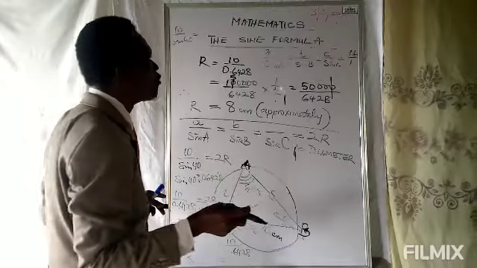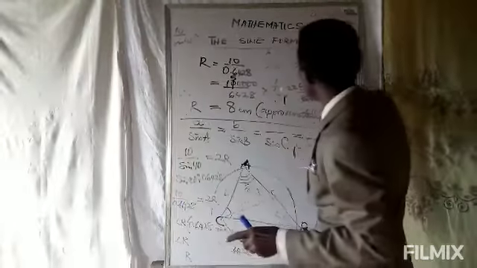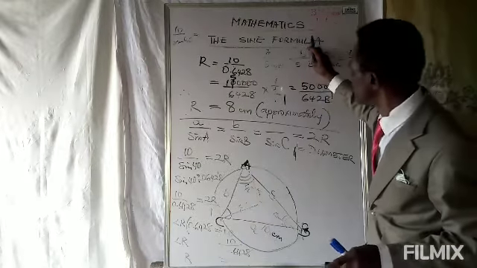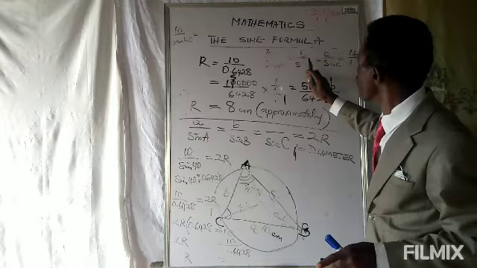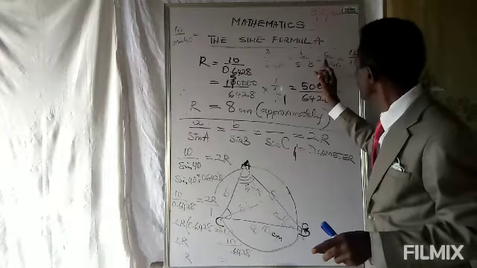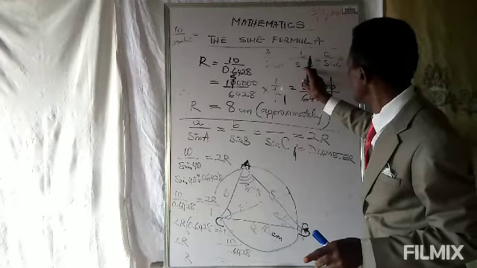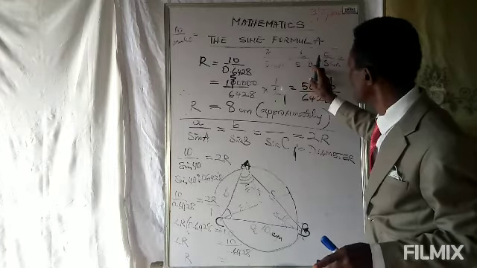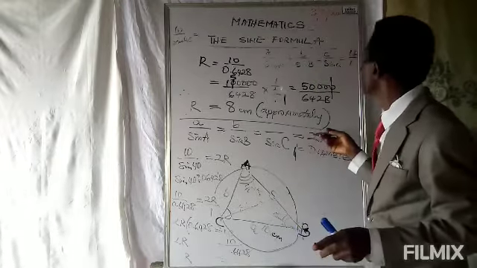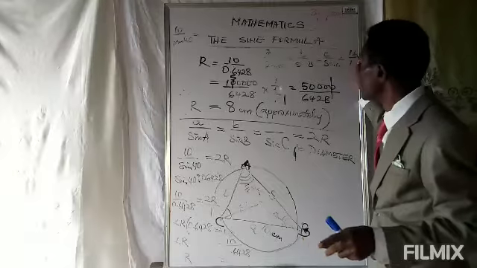Suppose we are now asked to find B. We have to find B, but we will still know the value of sine B. So from here we have known that our R is 8.